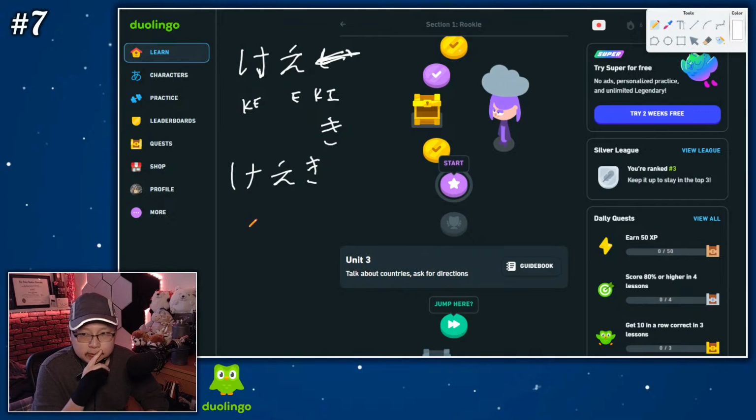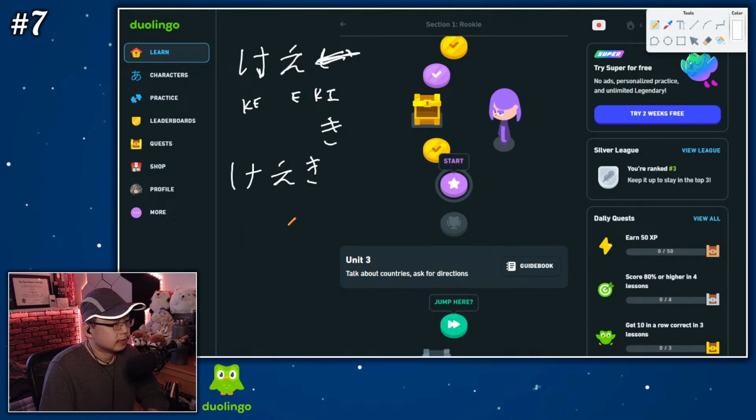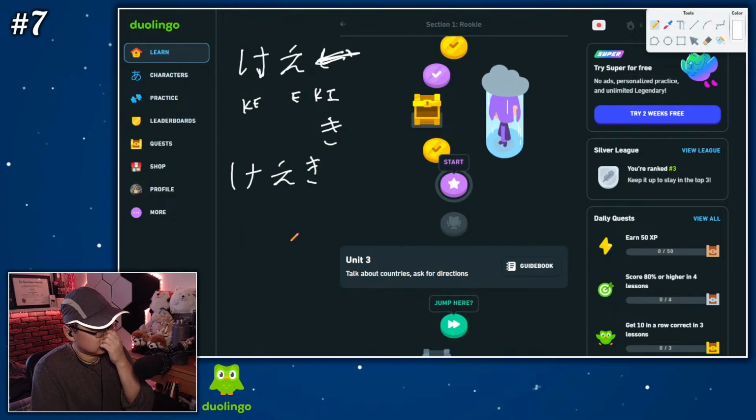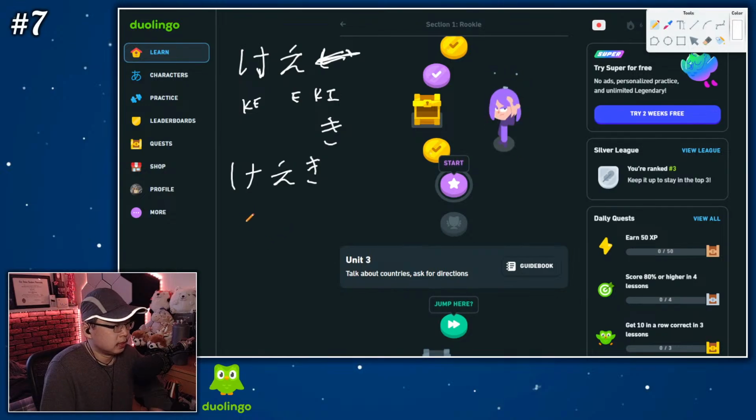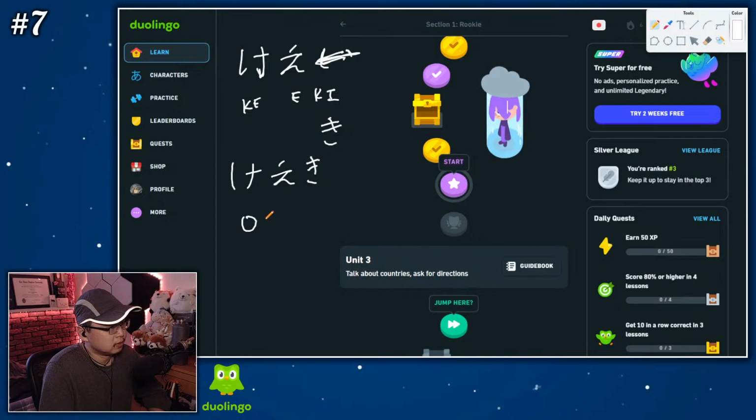I'm having trouble remembering. It's definitely different for ramen. And I obviously don't remember because I haven't practiced the kana yet. I don't know about the N.